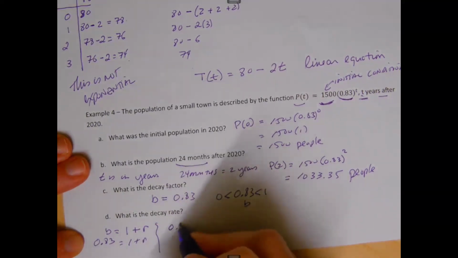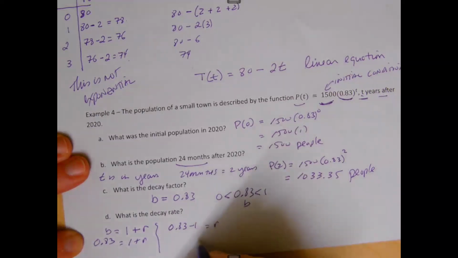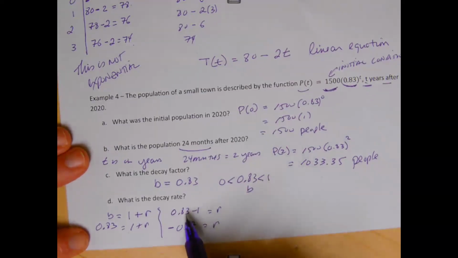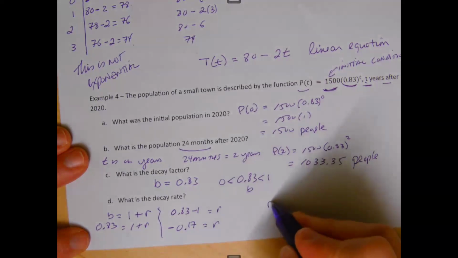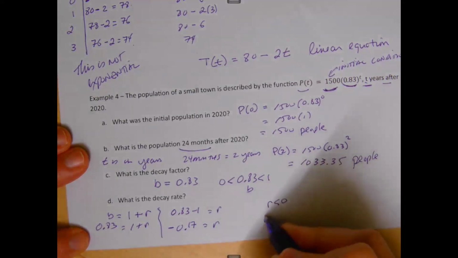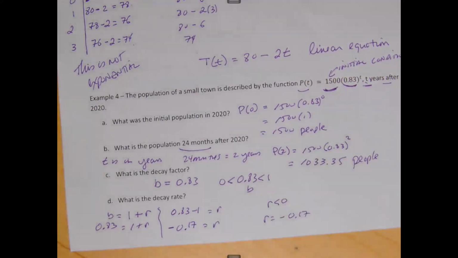So go 0.83 minus 1. That gives me r. When I take the calculator and subtract, what do I get? Negative 0.17. That's r. So there's my decay rate. Again, because I'm decaying, r must be less than 0. So in this case it is. r is negative 0.17, and that is my decay rate.